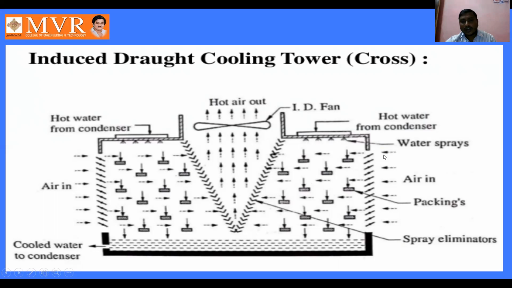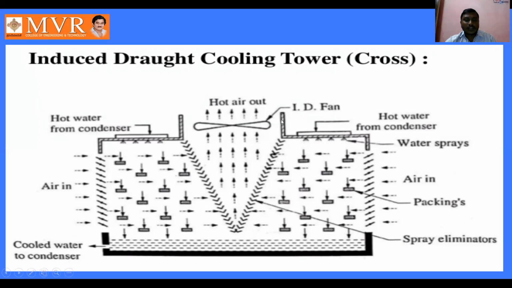When the air enters, some heat exchange takes place between the water and the air, and the air takes away the heat from the water and escapes into the atmosphere as hot air.